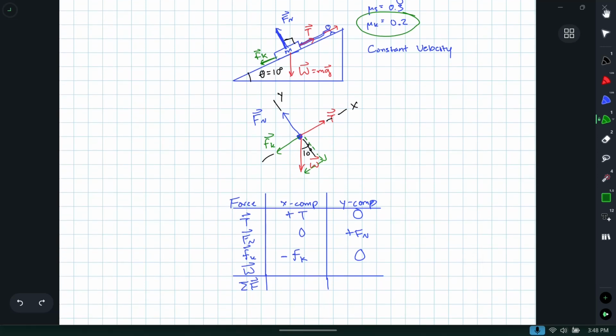Okay, so this is the y component. It's going to be in the negative y direction. It is adjacent to the 10-degree angle. For adjacent, we use cosine. So that's what goes in this slot.